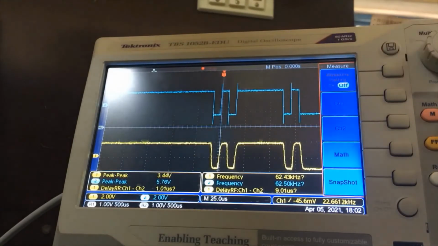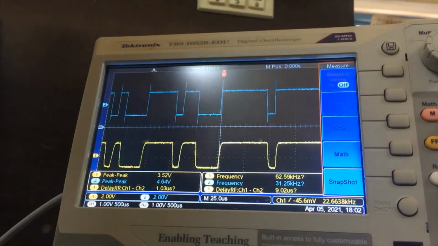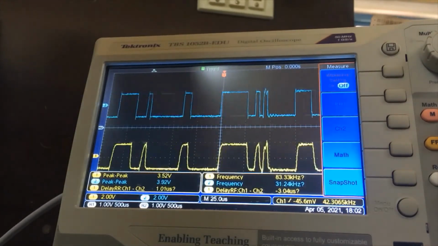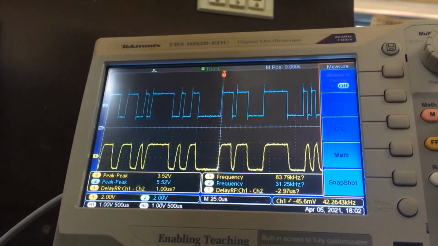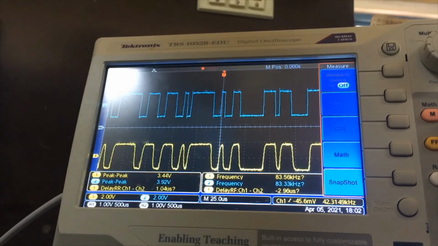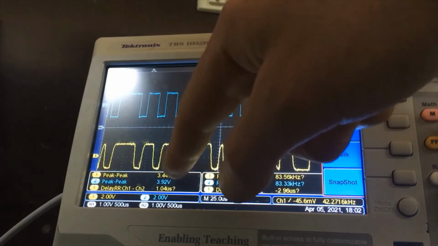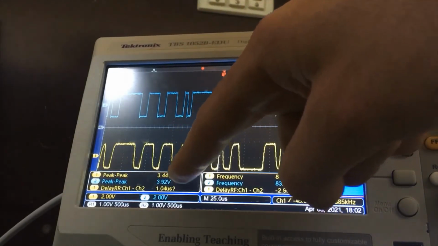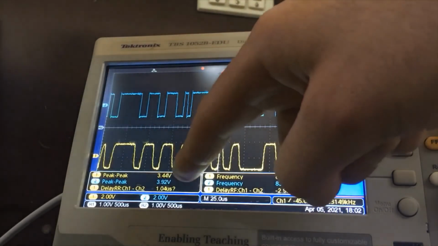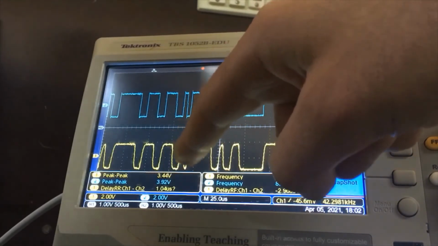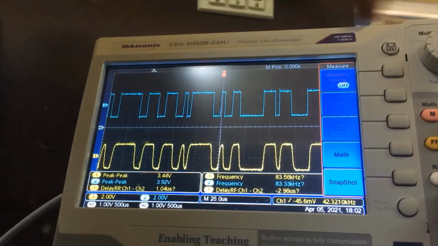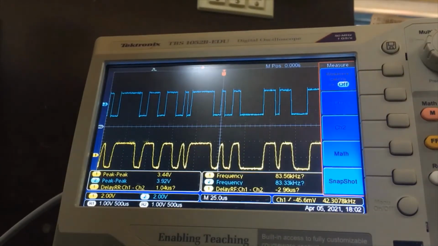If I further go on increasing the sampling frequency to 32 kilohertz of the transmitted signal, you can see over here that a lot of higher frequencies are getting removed, maybe 10 to 20 kilohertz and above. So this is the effect of the low pass filter.